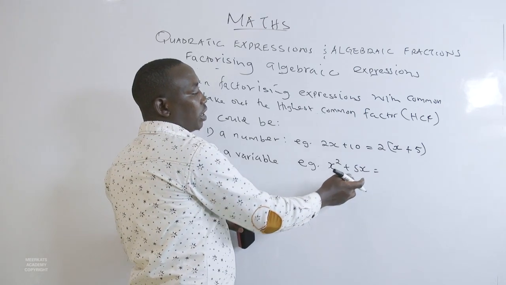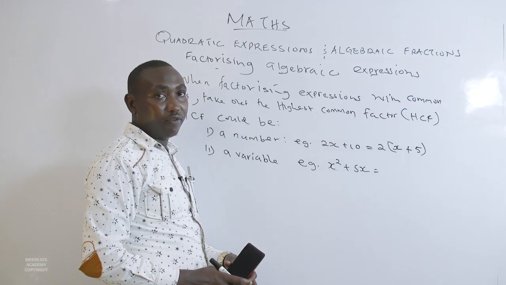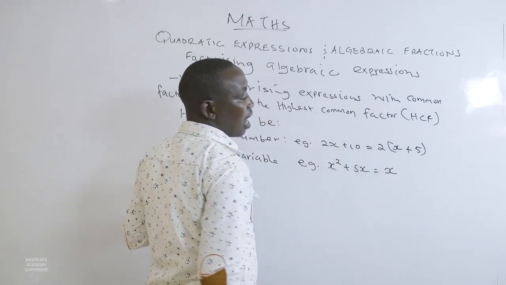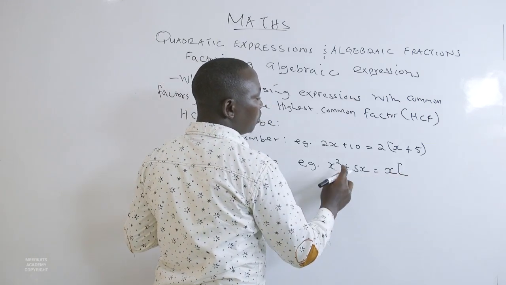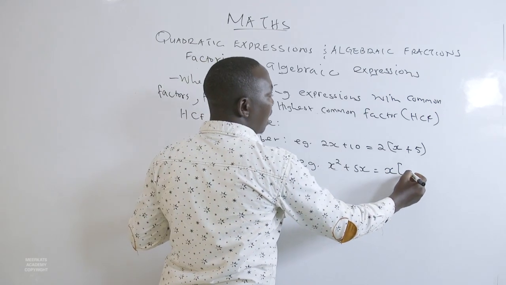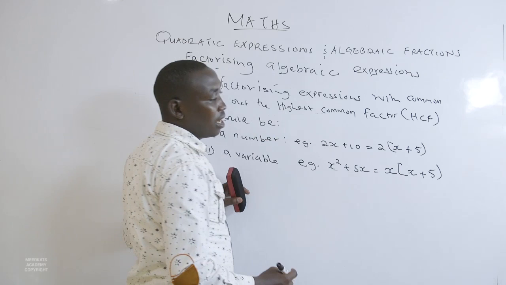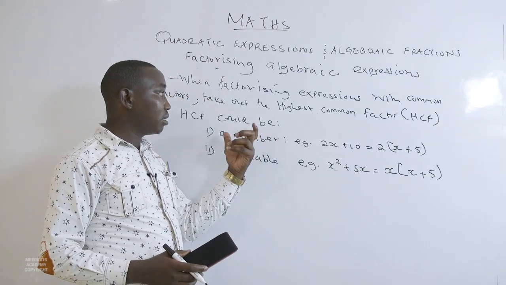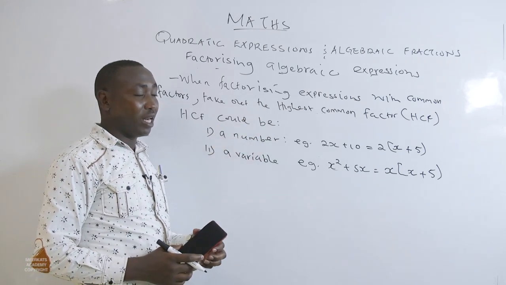Now you can appreciate that the value that is common between x squared and 5x is x, and therefore you can factor out x. That is the highest common factor. So that will be x into x goes into x squared x times, x goes into 5x 5 times. You will have factorized. So in this case, that particular highest common factor is a variable.